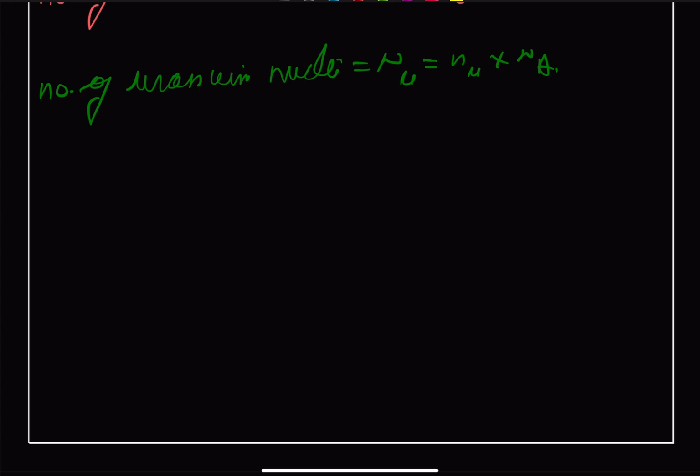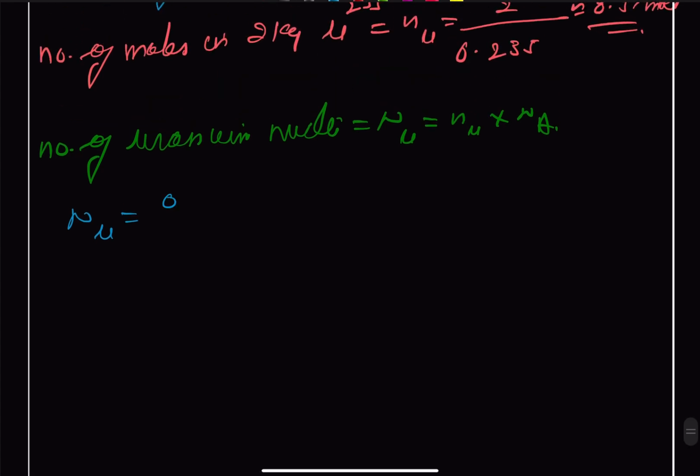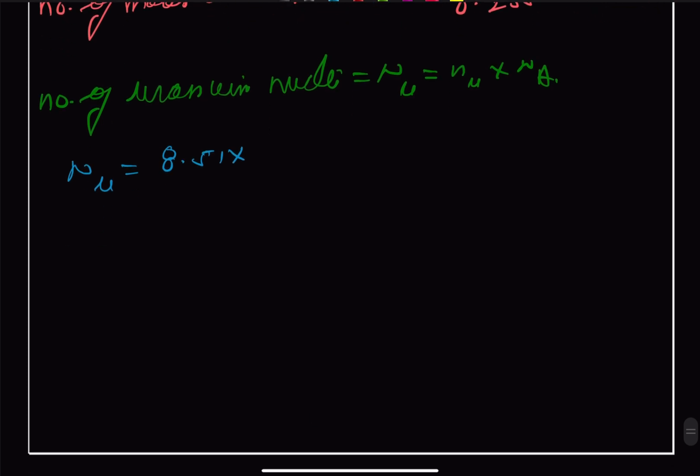So we get N_U is equal to 8.51 into 6.023 into 10 to the power 23. This gives us 5.13 into 10 to the power 24.